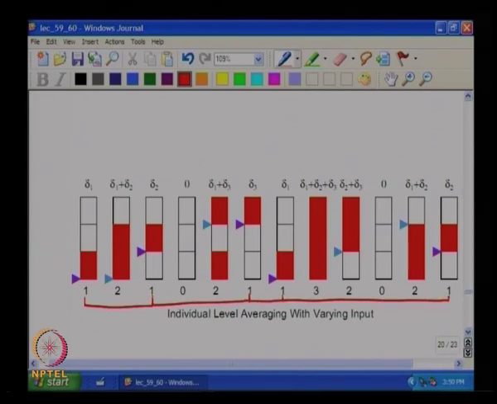So, when the input is 1, we have a pointer which starts off at the lowest element, and this pointer is colored here in violet. The next time I get a 1, you start from the pointer, and the pointer is simply the accumulated version of where the pointer was earlier plus 1.